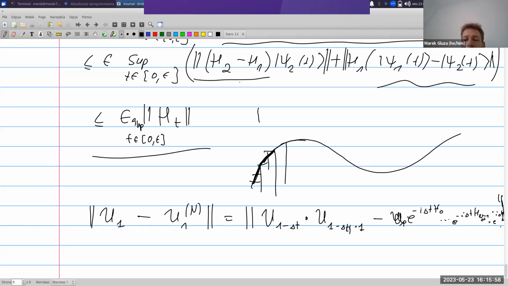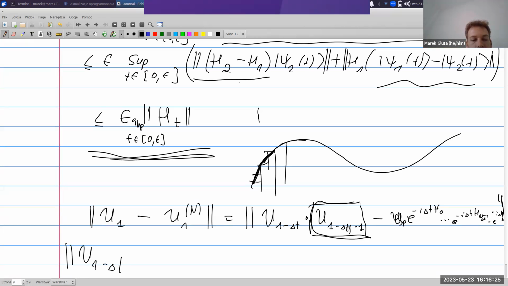And now in each interval the difference should be quite small, because the Hamiltonian shouldn't be changing too much in the interval. Even though it's time dependent, using this kind of uniform upper bound, we can recursively go down. So basically what I will take is this u1 minus delta t operator, and I will keep from 1 minus delta t until 1.